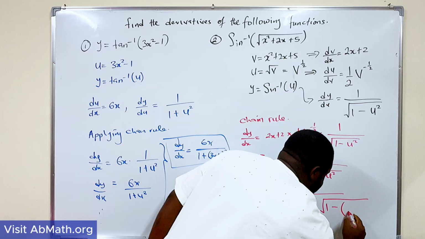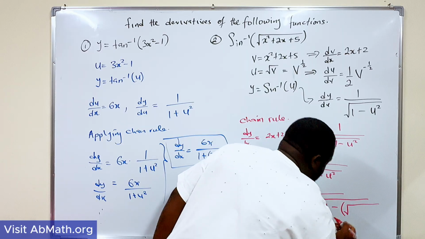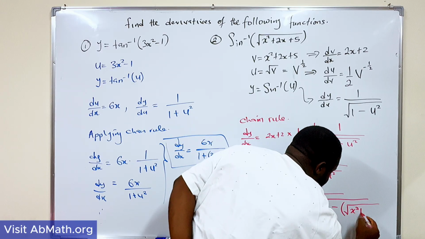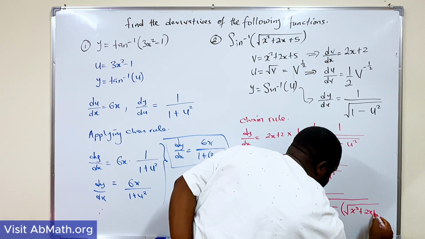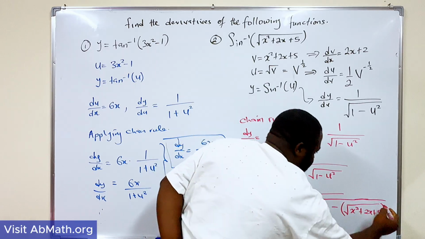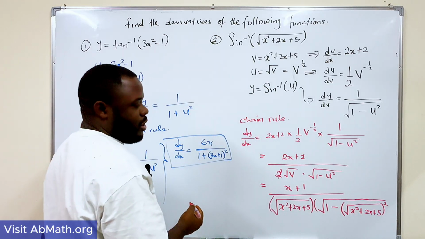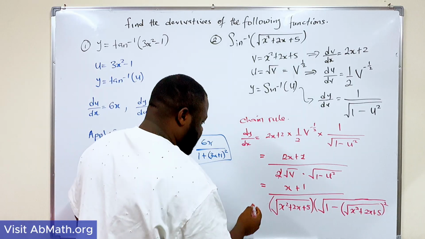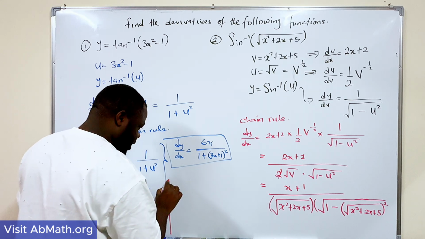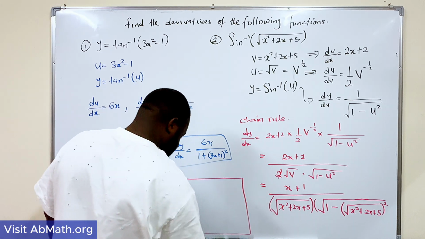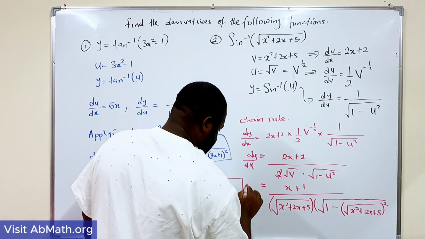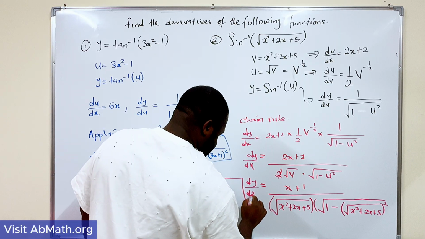So we now have square root of v, our quadratic, x squared plus 2x plus 5. All right? Then remember, u is squared, so we square it. Okay? So I'm going to write the final answer here, if it can contain it. So dy over dx.